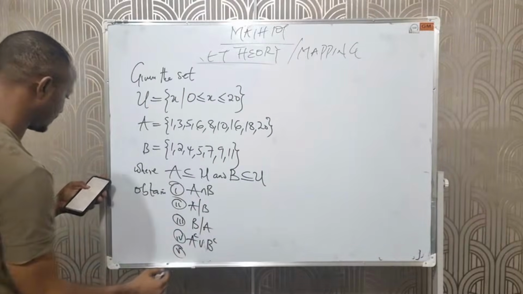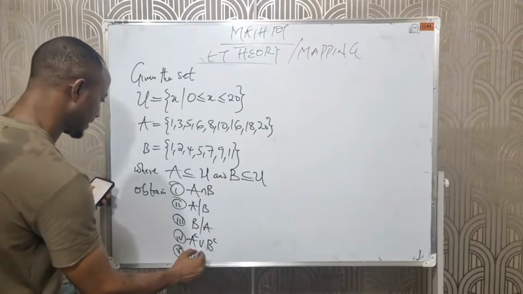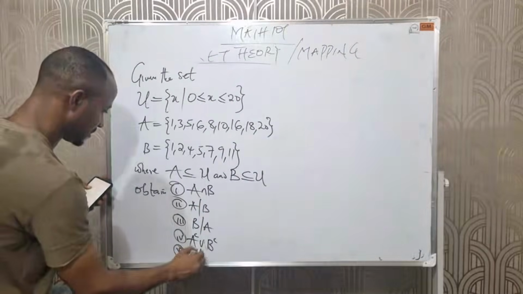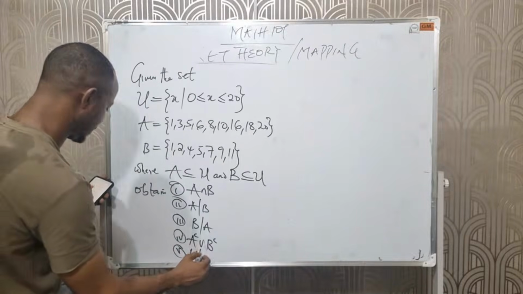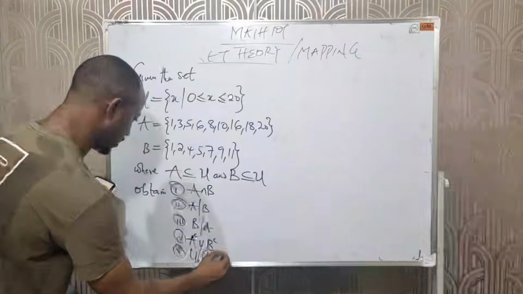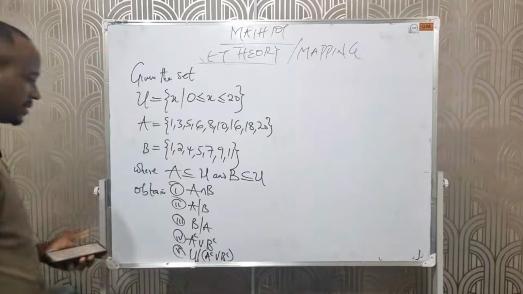Number 5, universal set difference A complement union B complement.